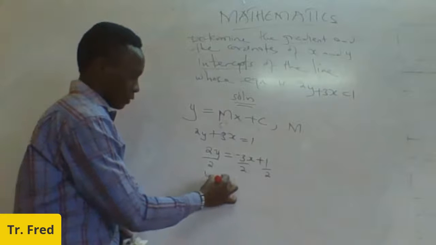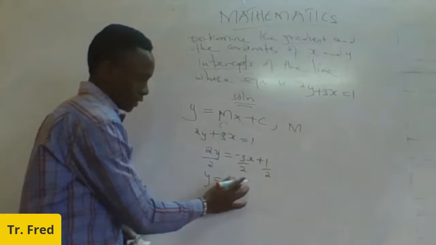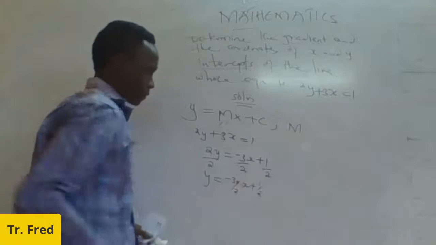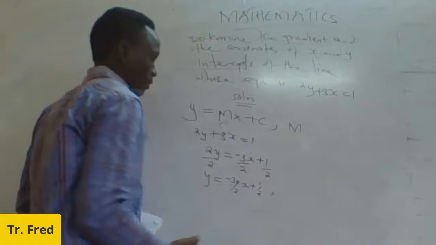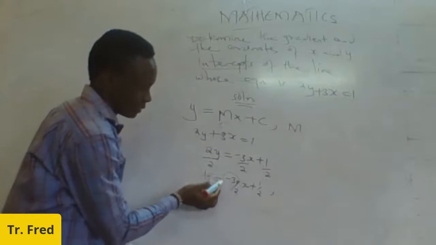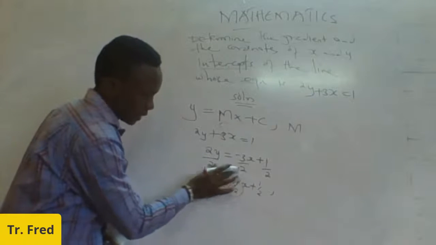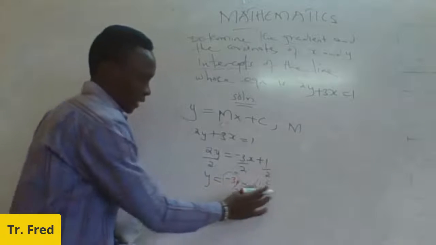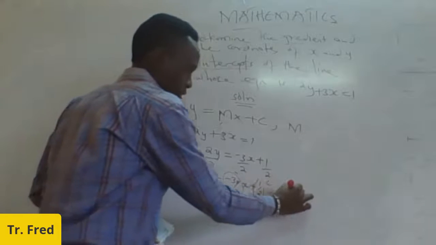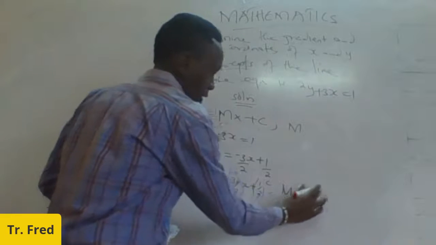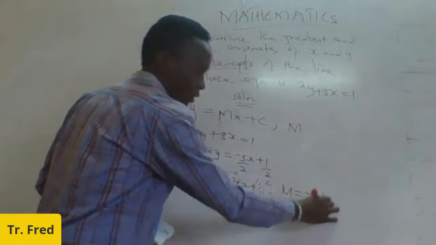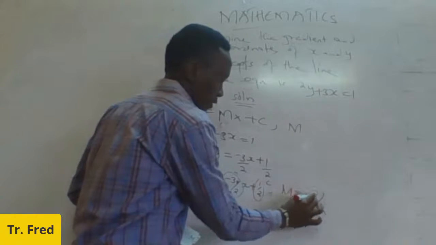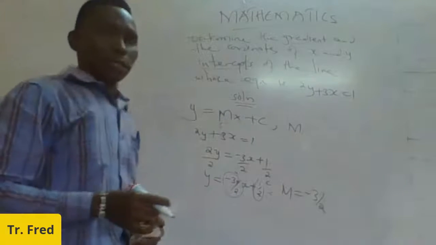So y will be -3/2 x + 1/2. Therefore, the value of m, since mx + c, and c is the constant, we can simply say that our m, which is the gradient, is -3/2. And that is the correct answer for the gradient of the line.